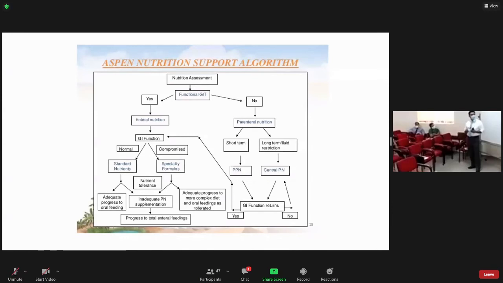If the gut function is compromised, we use specialty formula, and as soon as possible we try to establish feeding. If that is not successful, then we go for supplemental parenteral nutrition. While that tube feeding is going on, we start supplemental parenteral nutrition, and our target is total enteral feeding as soon as possible.